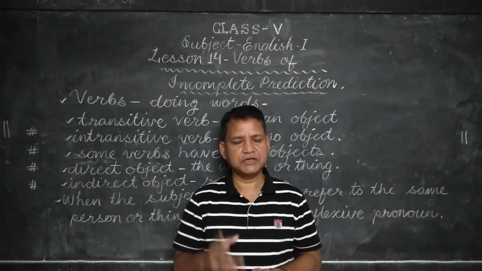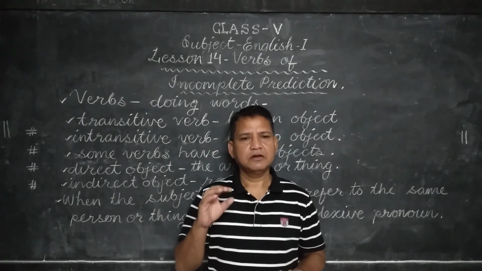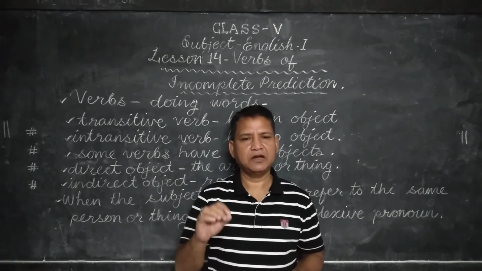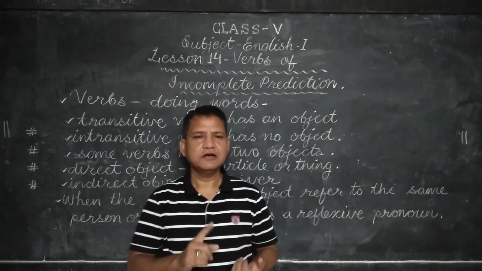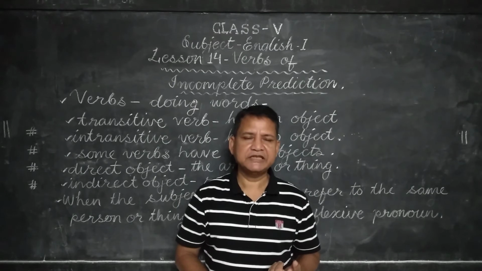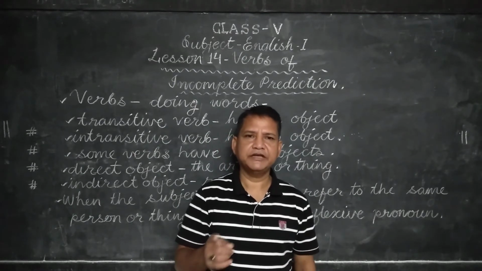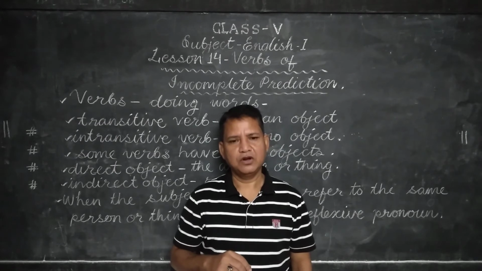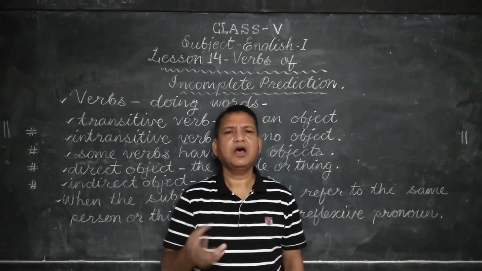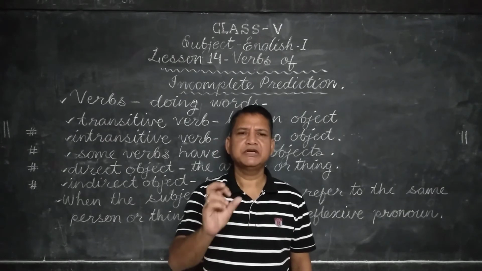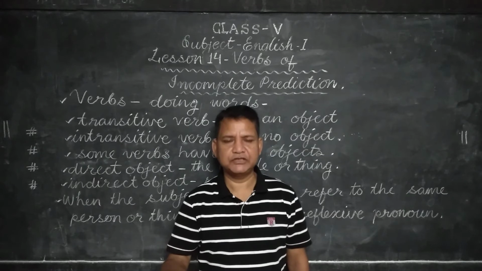And in some cases there are two objects. Leela presented a book to Sheila. Leela is the subject. What is the verb? Presented. Presented what? A book. Book is the object. Whom did she present it to?